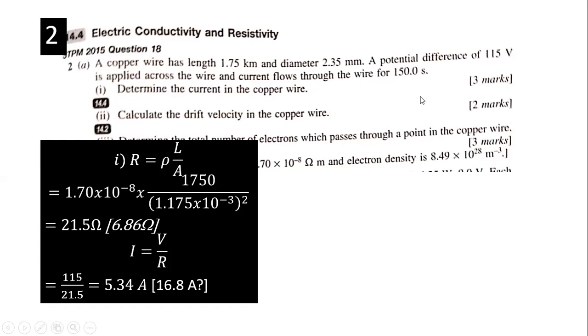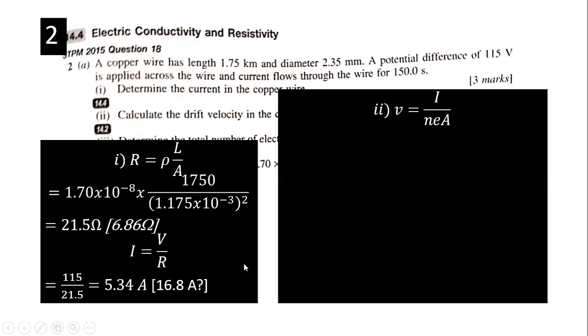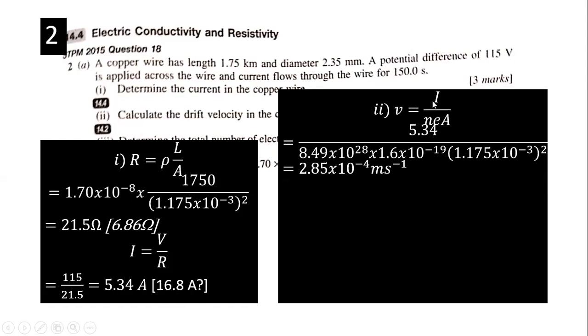Your V is 115. Your R we have already calculated. So you use this value, then you get this one. Okay, so drift velocity: just use I equals NEAV, so v equals I over NEA. Put in your value for I.